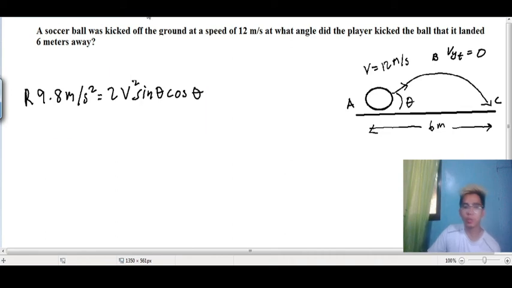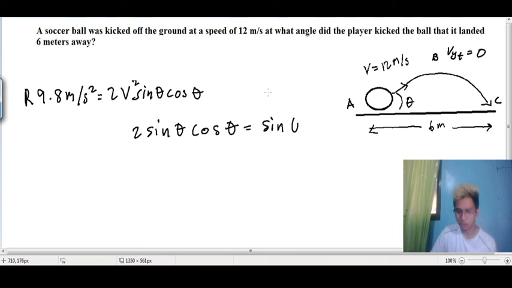If you are familiar with the double angle formula, if you really studied in your pre-calculus and trigonometry class, we know that 2 sine theta cosine theta is equal to sine 2 theta. So, let us substitute that into this because you can't find the angle if you use the 2 sine theta cosine theta.